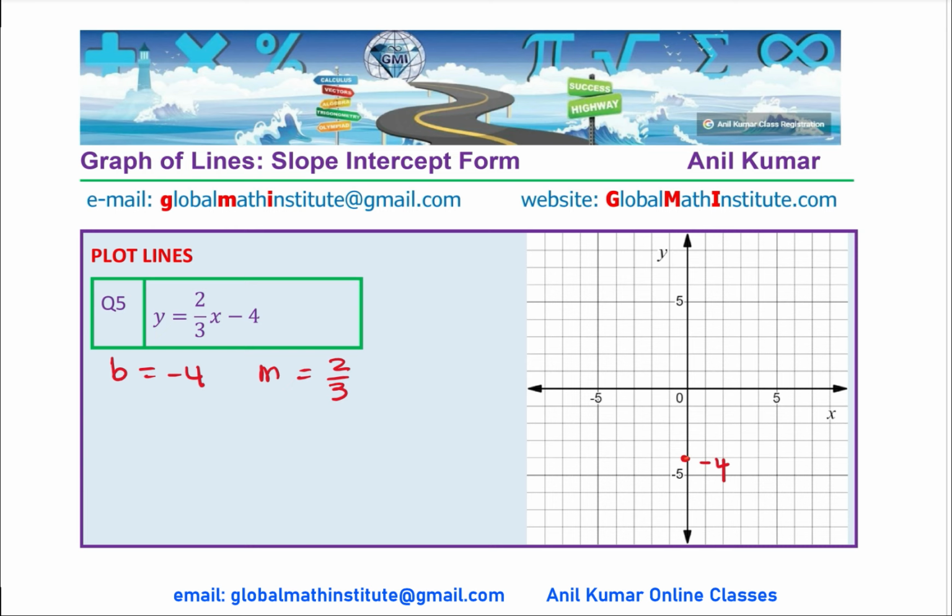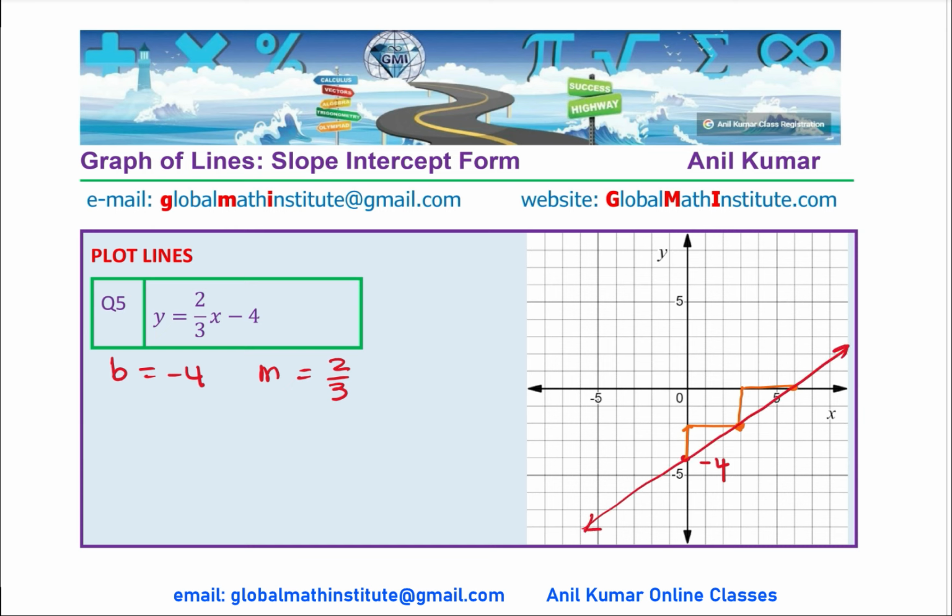So the y value changes by 2, right? And the x value changes by 3. We get a point, right? 2 and 3, we get another point. So once you have 3 points, you can always join and draw the line. So 3 points are enough to sketch your graph.